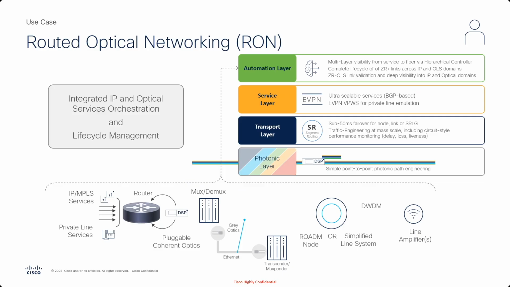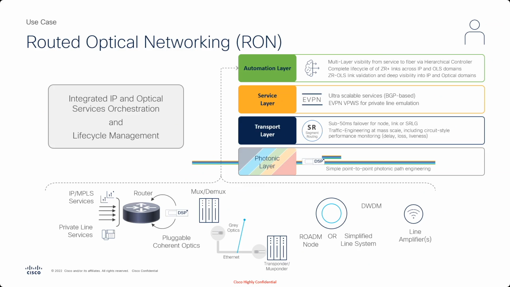Your customer can simply buy coherent optical pluggables and plug them directly into the routers, so that interface, which is a router interface, can be directly inserted into the DWDM system, removing a lot of equipment, like all the transponders, all the filters. Sometimes filters are needed, but basically all the electrical-to-optical conversion that you have in the transponder, the gray optics that you use to connect the routers to the transponders, all the cabling.